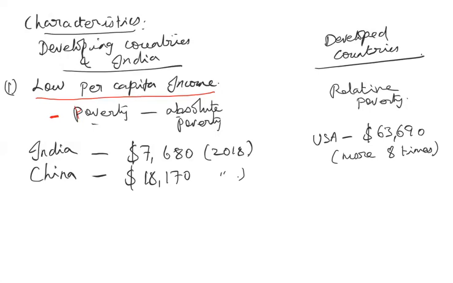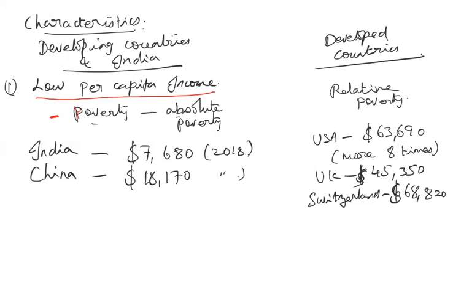And if you take UK, the per capita income of UK is somewhere around $45,350. And Switzerland is $68,820.